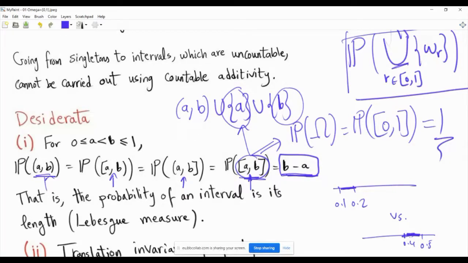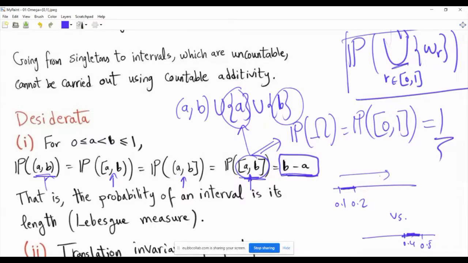You may think that it should be the same, right? And this is captured by the fact that the lengths of the intervals are the same. So this shift, this translation of the interval should not affect our measure.